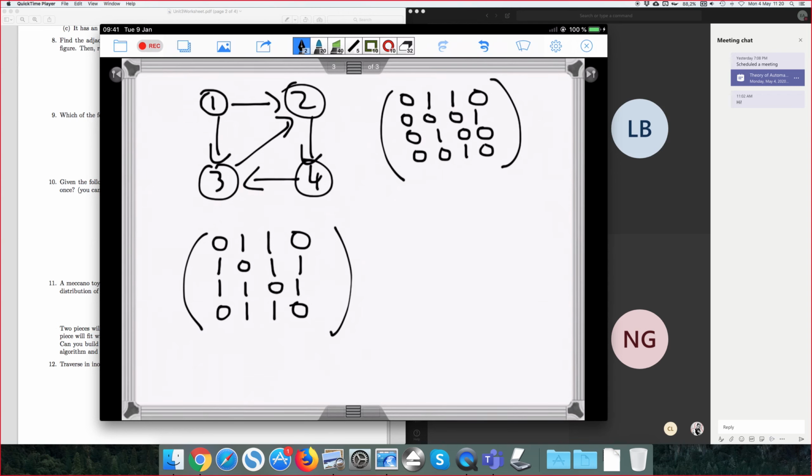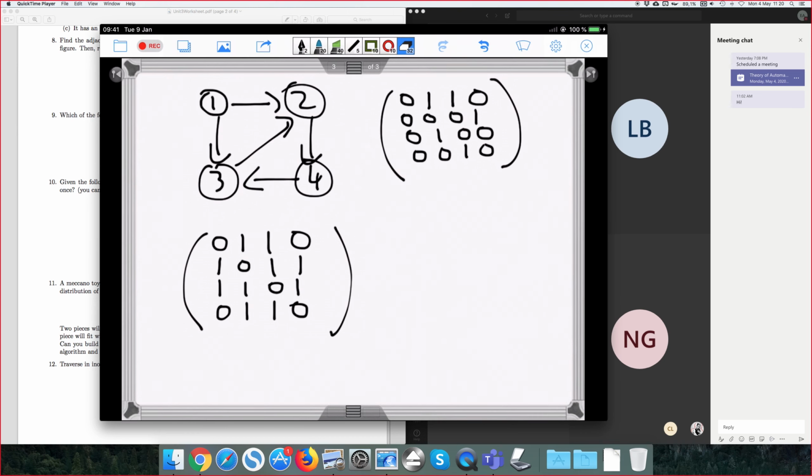Okay, so notice that this is a symmetric matrix, and in fact is the symmetrization of this matrix. If I add ones in all the positions for which the symmetric with respect to the main diagonal is a 1, then I obtain exactly this matrix here.